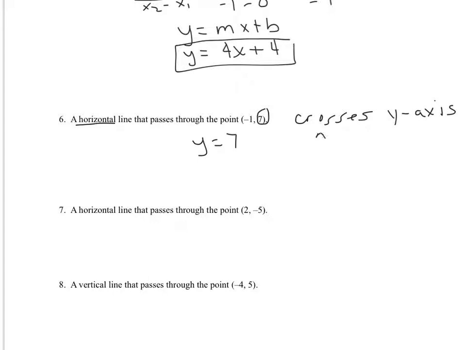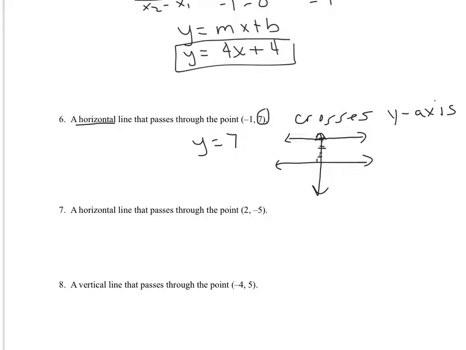If you were to look at the graph, and you were to plot the point negative 1, positive 7, let's say it's right here, then that would mean if it's horizontal, every point on that line has a y value of positive 7, and that's why the equation would have to be y equals 7.